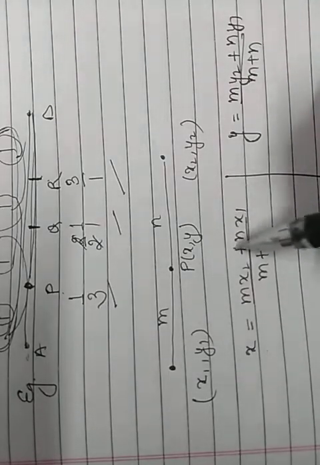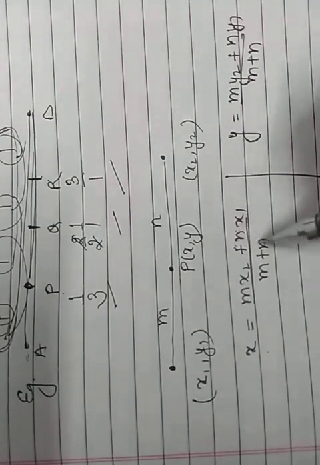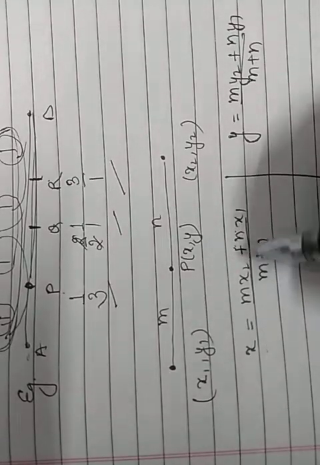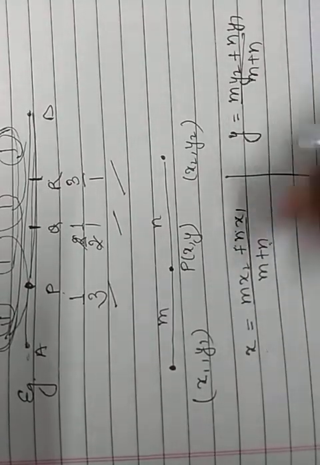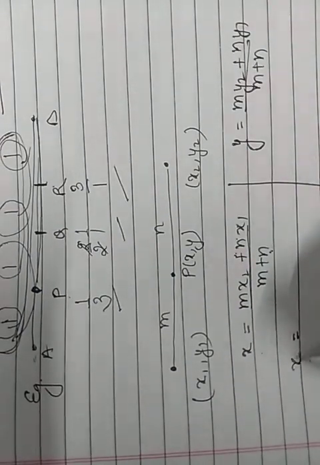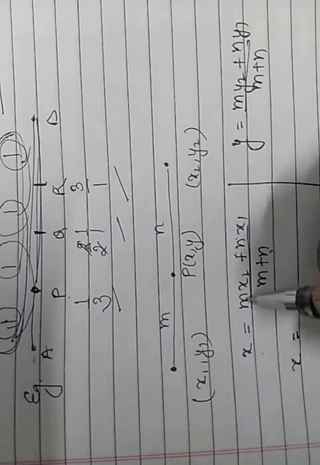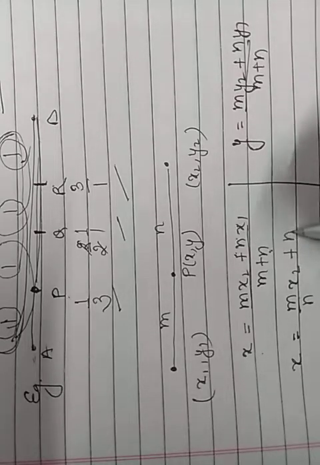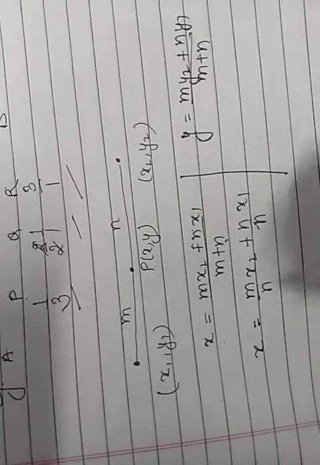Now I will divide this equation, the numerator as well as the denominator, by n, in the RHS only. So it becomes m upon n x2, n upon n x1.